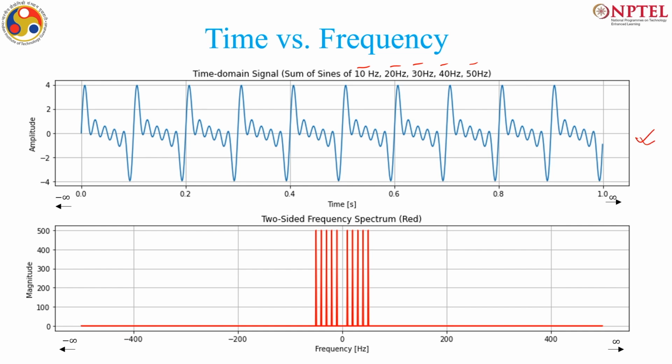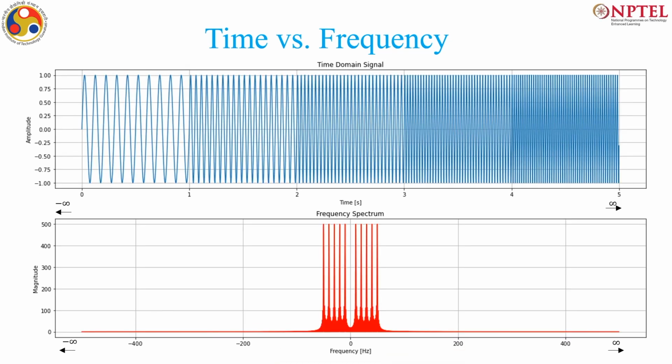Of course, just looking at the time domain signal, it is really difficult to say that it is composed of these 5 frequencies. But if we see the frequency content in the spectra, we can see that all the 5 components are present, which are 10, 20, 30, 40 and 50. So, what is the problem again?